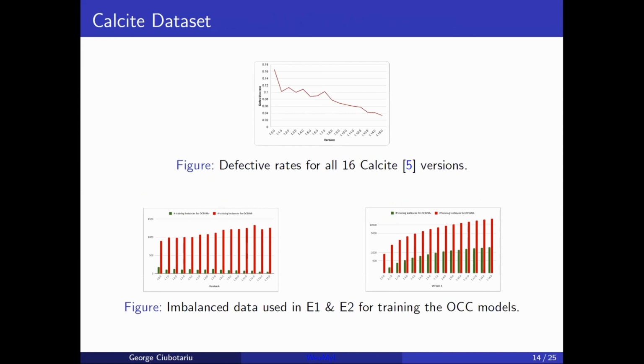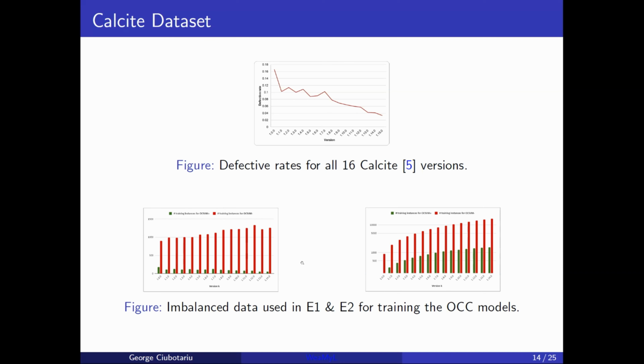So we are working with Calcite. It's a software application that is online. You can search for it yourself and you can find it. It's from Apache. It has 16 versions of the software that have different defective rates. As you can see, the rate decreases as the software gets to the highest version.